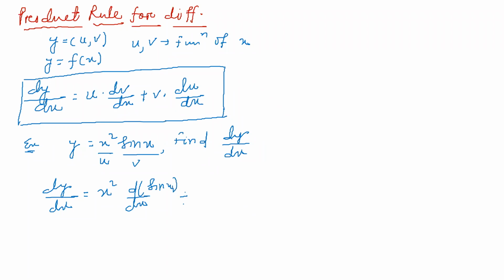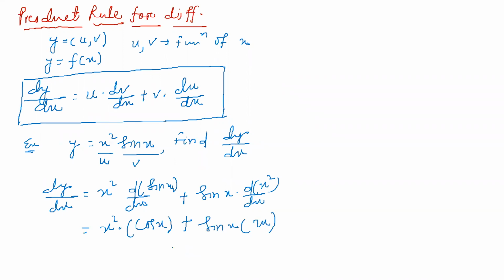Plus, again, keep v fixed, sine x, into d by dx of x square. The derivative of sine x is cos x, and for x square it is 2x. So finally the result is x square cos x plus 2x sin x.